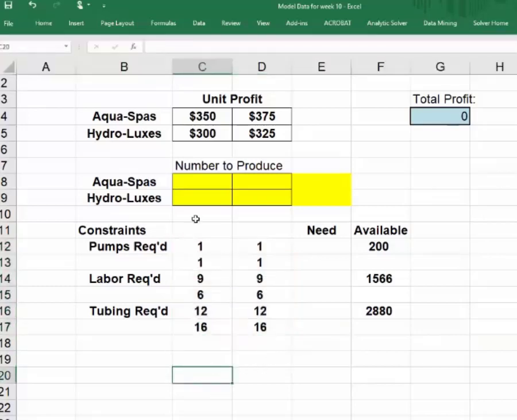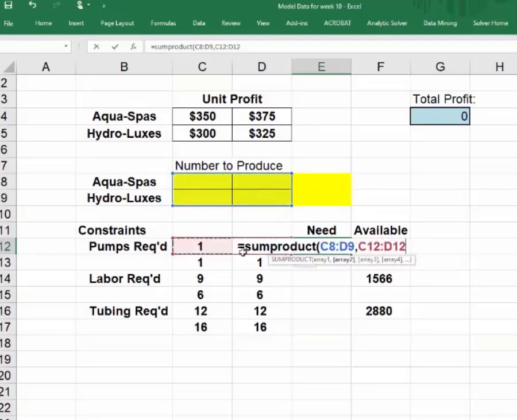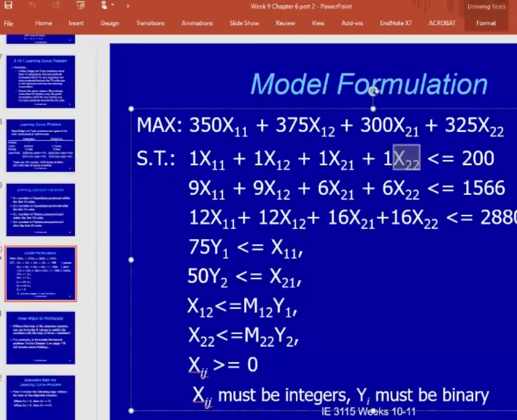With this arrangement, I can take the sum product of these four cells with these four cells to calculate the value here. So, sum product of these ones and these ones, to represent the left-hand side of my constraint here.